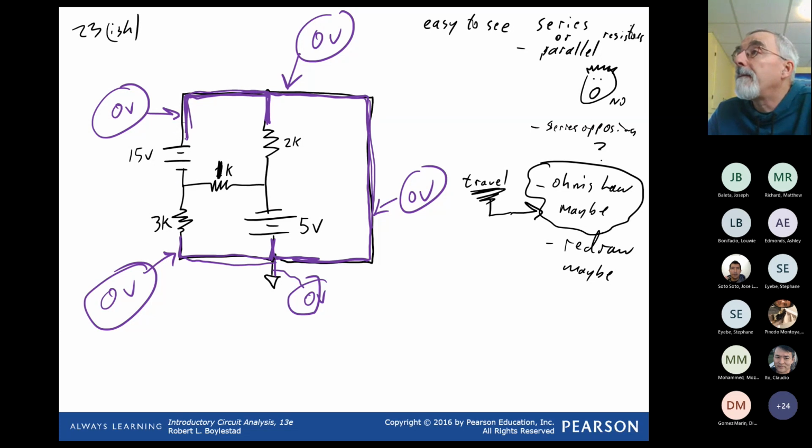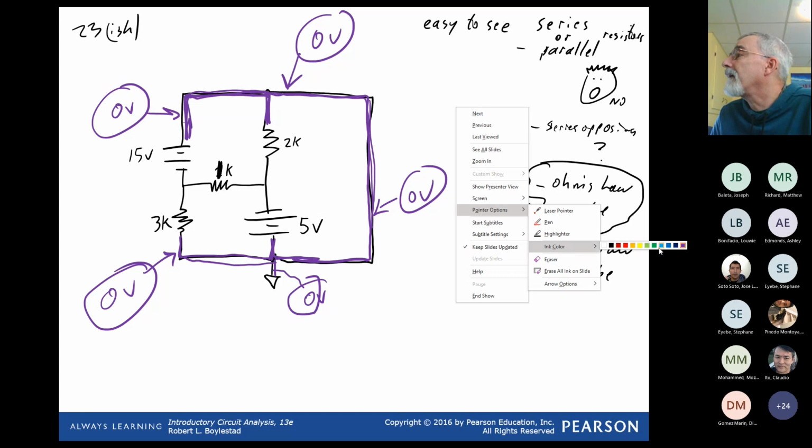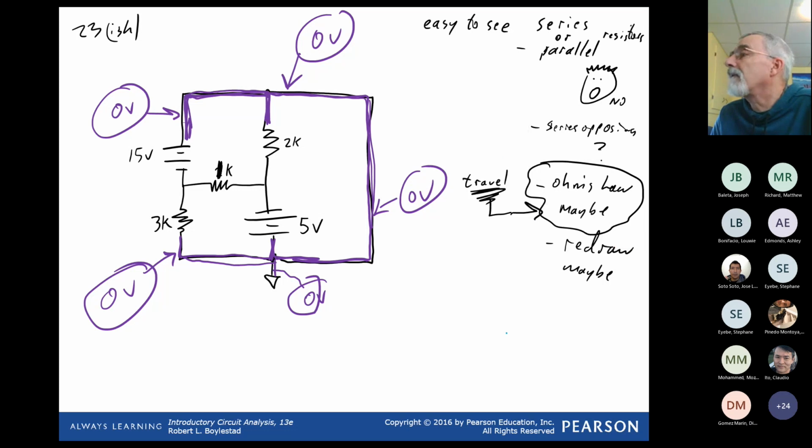But now that I know 0, do I know other voltages? Well, let's change my ink color and try blue here. Well, this 5 volts is a drop of 5 going from plus to minus.